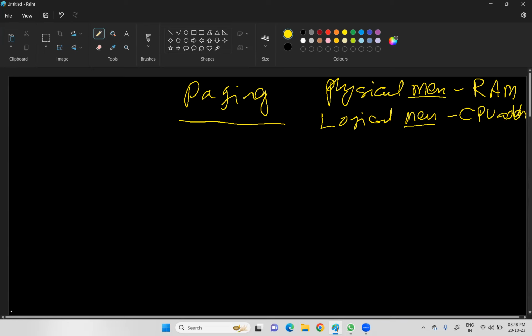Please consider that paging can always be applied. Logical addresses will be divided into pages, and physical memory will be divided into frames. These pages and frames are always fixed-size blocks. If one frame size is 10 kilobytes, obviously the page size will also be 10 kilobytes.